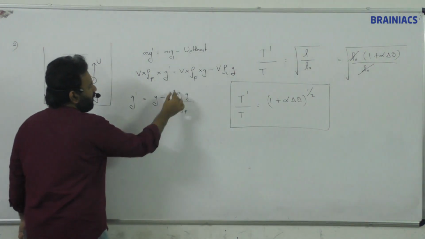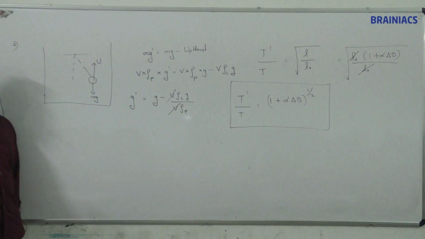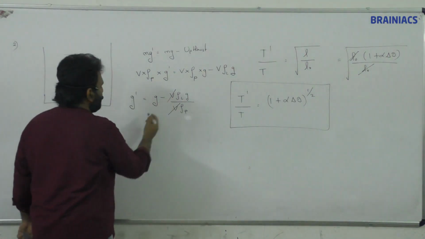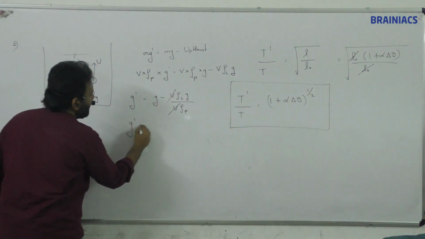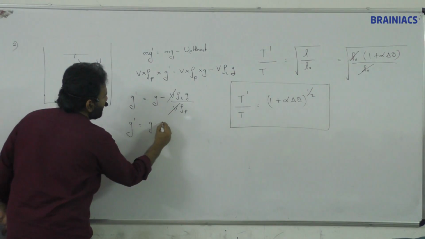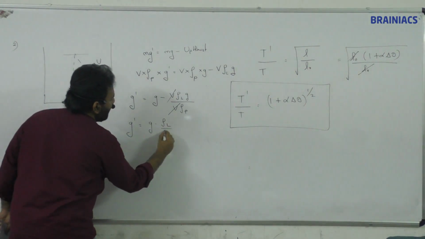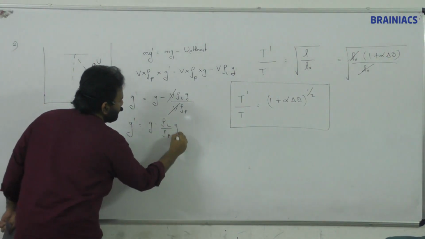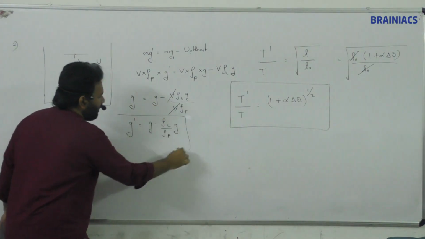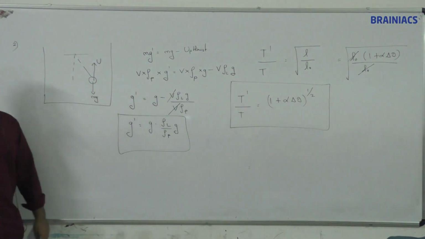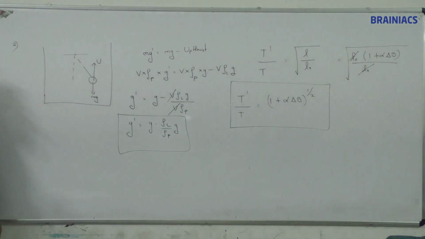This is fully immersed. If half immersed, we will do that change, you know that. So now g dash became g minus rho L by rho pendulum into g. It is important: g dash is g minus density of the liquid by density of the bob into g.